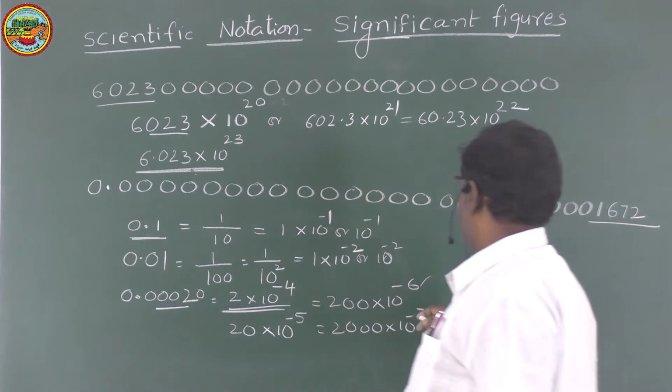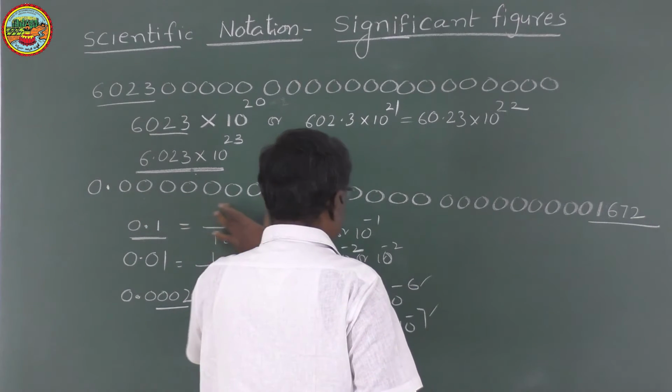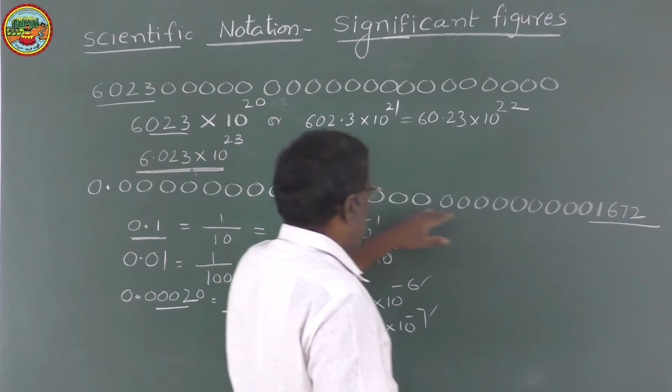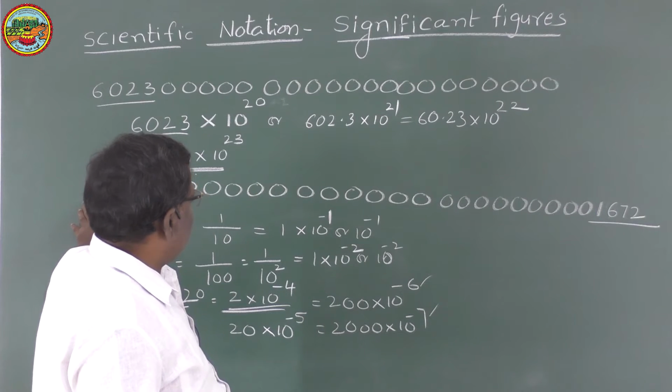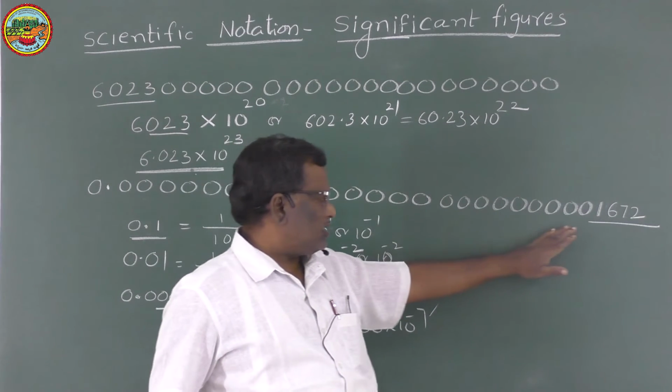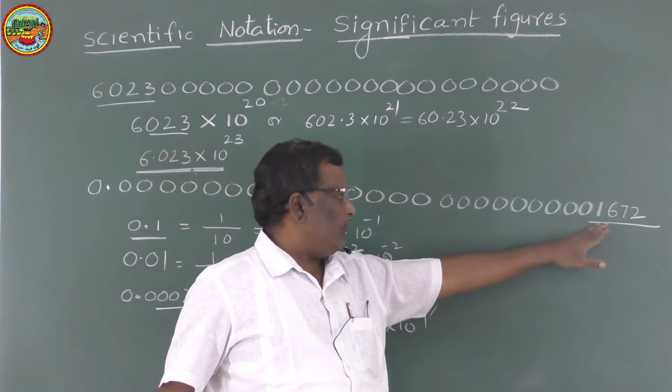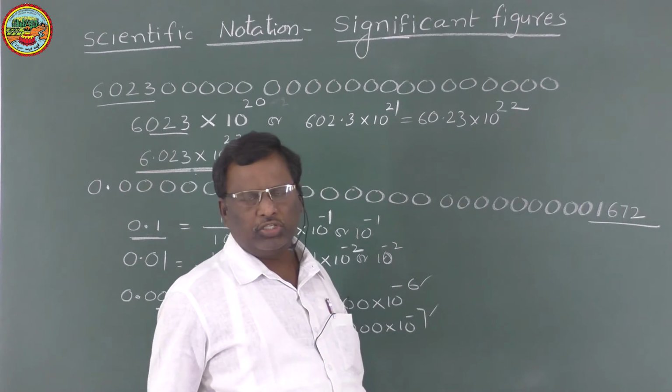Similarly, here you have nearly, how many digits are present here? The total number of digits is 23 zeros and 4 numericals, non-zeros.